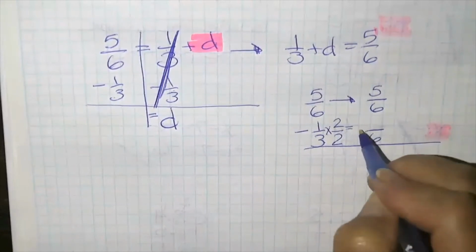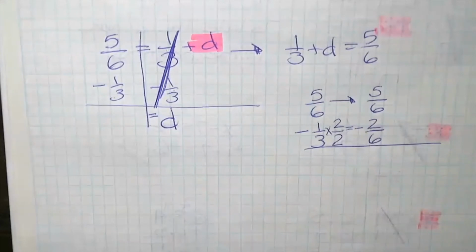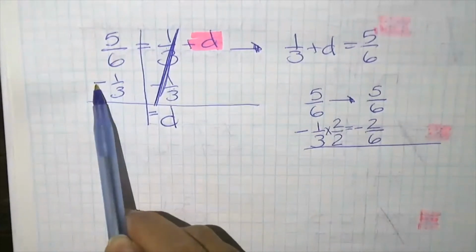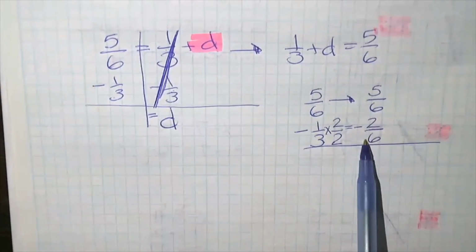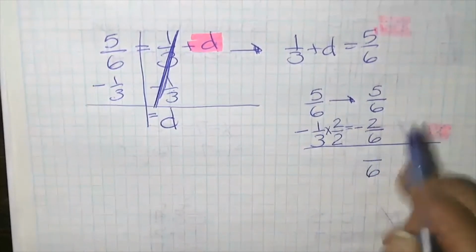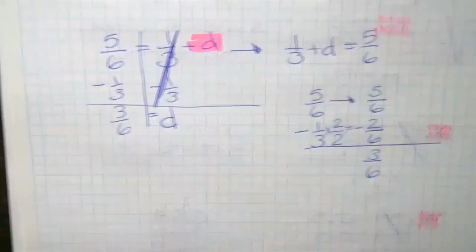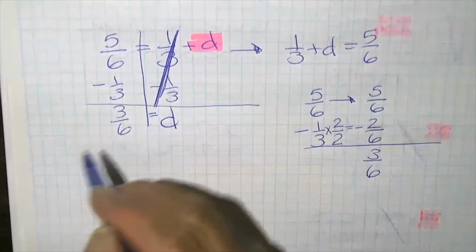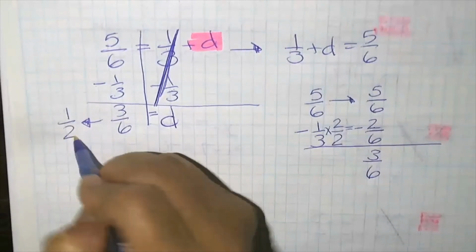And I am left with negative 2/6. So this is 5/6 minus 2/6. My denominator comes down. 5 minus 2 is 3. So this is 3/6. So I could leave it like this, or I can see that it is reduced to 1/2.